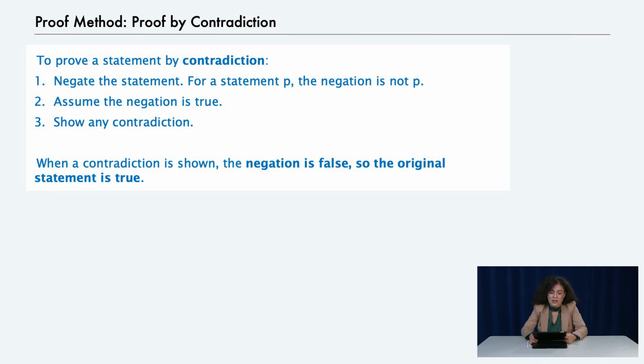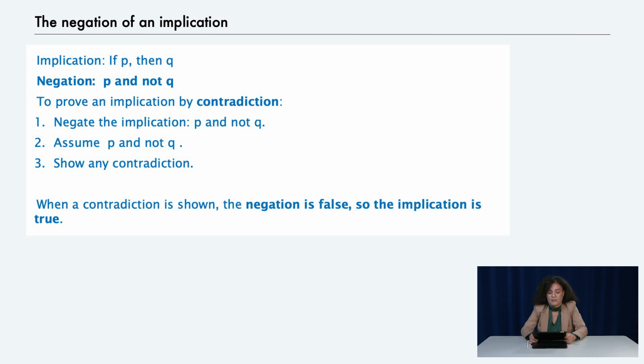One concern is the negation of an implication. So if we have an implication, if P then Q, its negation is actually P and not Q, which means we assume the premise and the negation of the conclusion. To prove an implication by contradiction, we negate the implication.